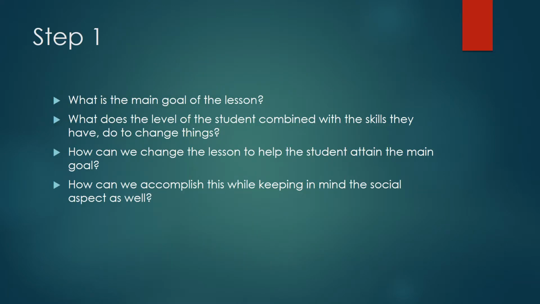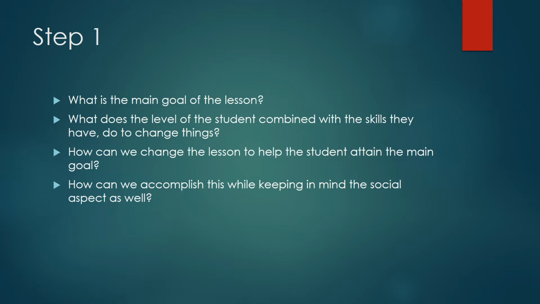So the step-by-step process to get this kicked off would be to understand the main goal of the lesson. If you have multiple different goals or different levels of goals and all this kind of stuff, it's extremely hard to modify your lesson. If you have a very specific, attainable main goal, now you can start the process of modifying it for all types of learners.